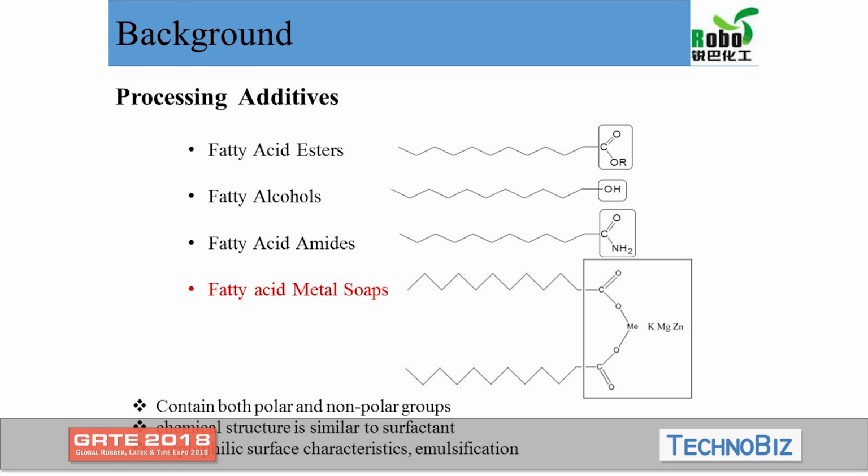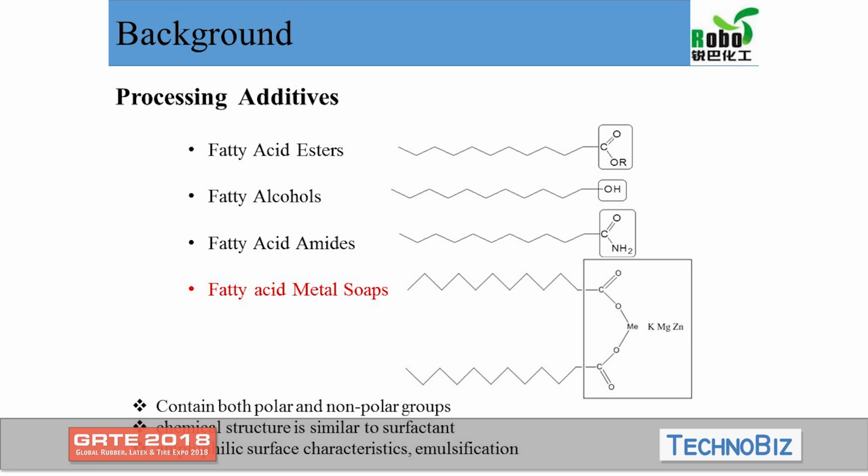Potassium soap is an effective processing additive. However, the alkali of potassium is so strong that potassium soap is easy to hydrolyze and absorb water, or say moisture. So the product is inconvenient to store or transport.